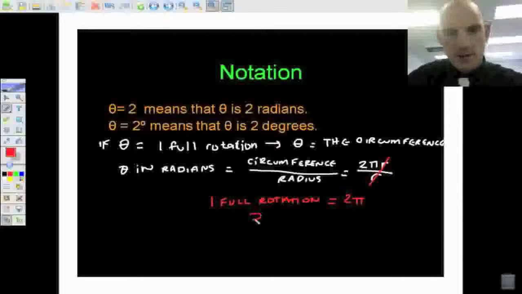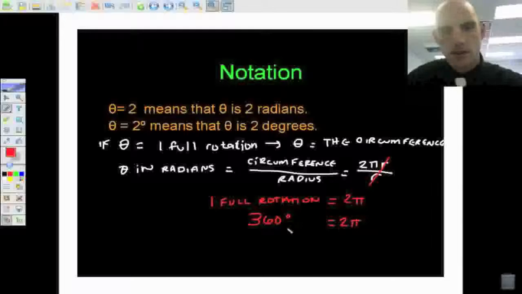So that means that 360 degrees equals 2 pi, which means 180 degrees is going to be equal to pi.